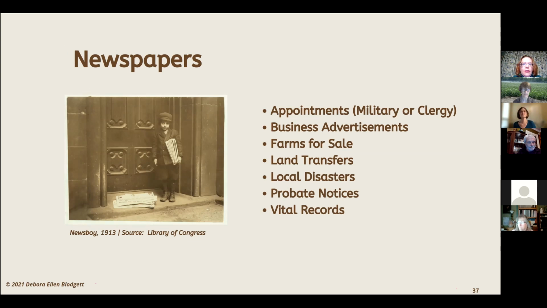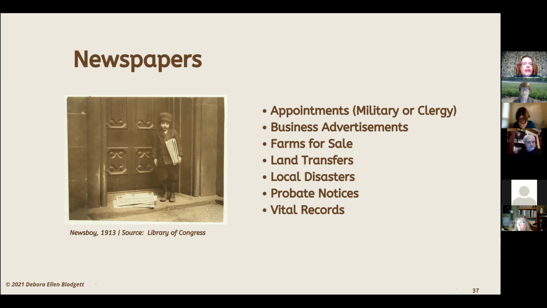I've seen military appointments listed in newspapers. The local clergy might be appointed, business advertisements, farms for sale. I found one of my ancestors once. I was able to place him in a certain location because he had an advertisement for his farm for sale.